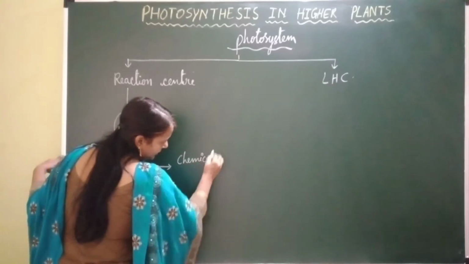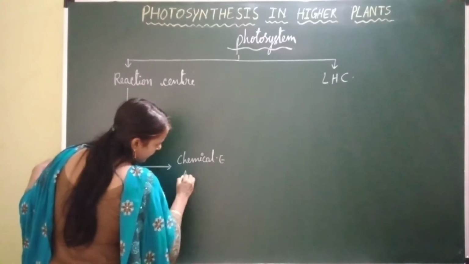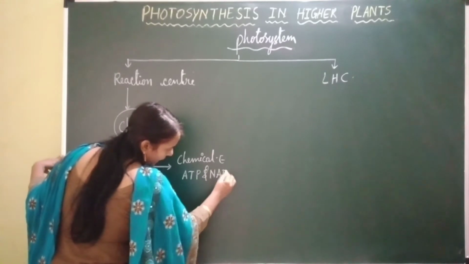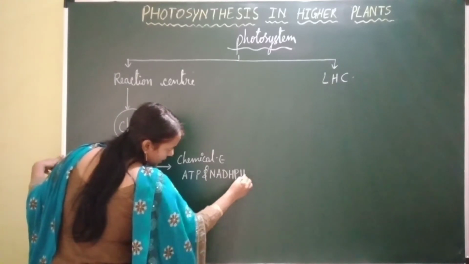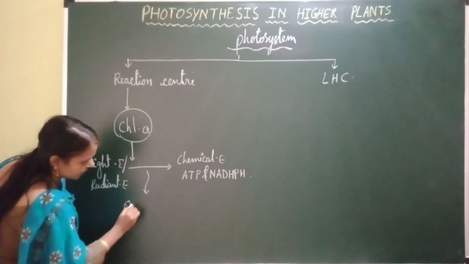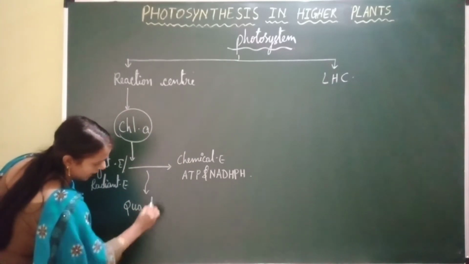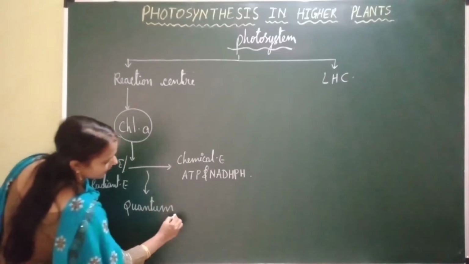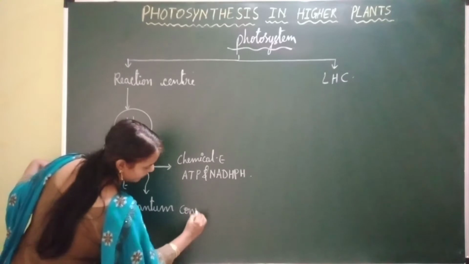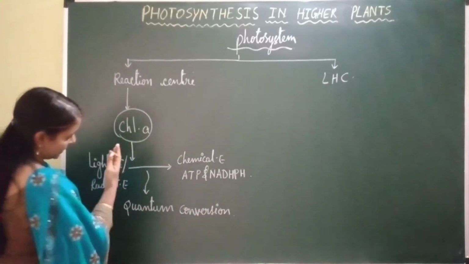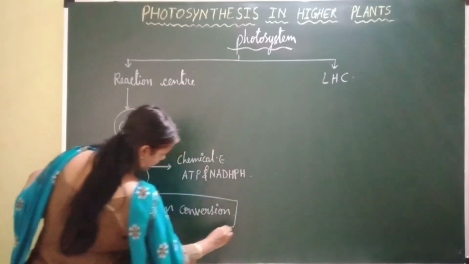This conversion of light energy into chemical energy is called quantum conversion. So this is about the reaction center present in photosystem.